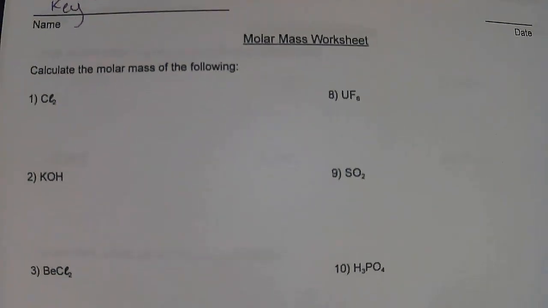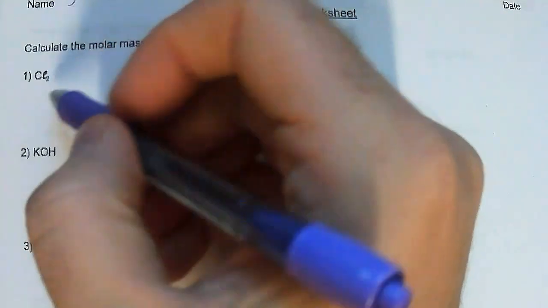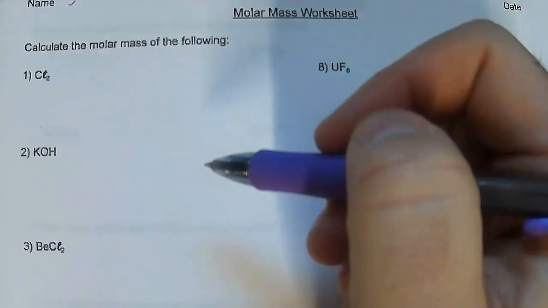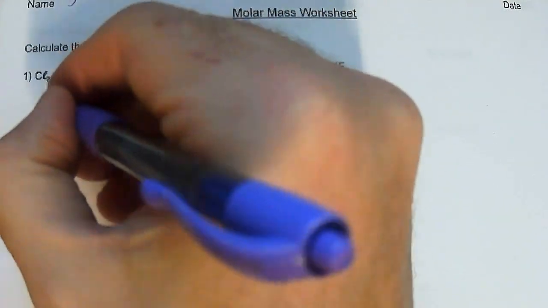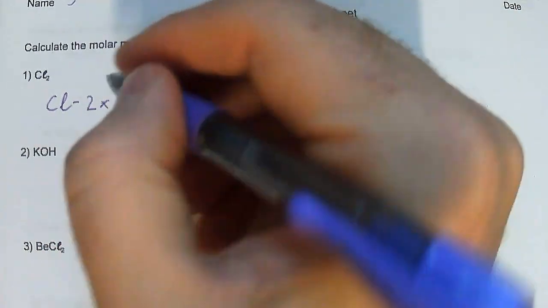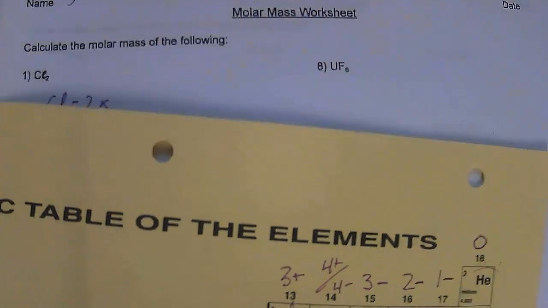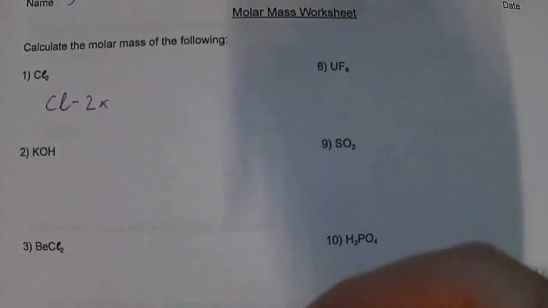Okay, and let's do the first couple here. Here it's just one element, but there's two atoms of it. So what we're going to do is list the elements, and there's two of them, and we get our periodic table. I have it off to the side.